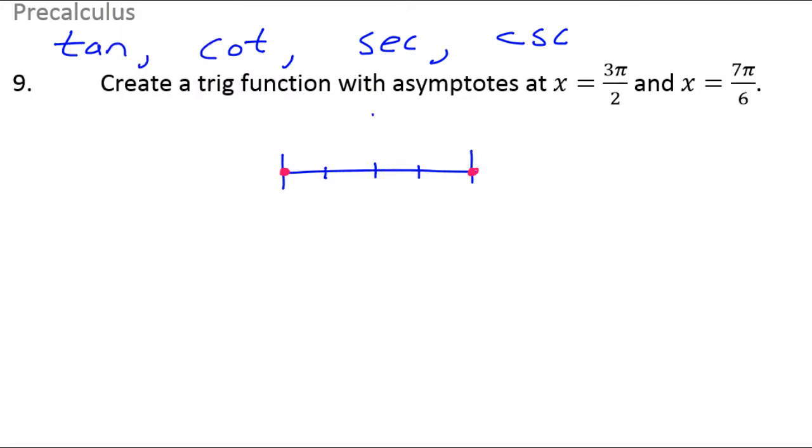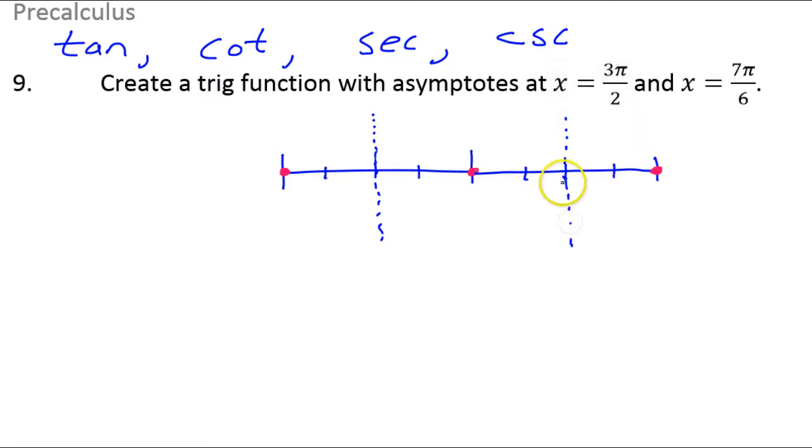So there'd be a vertical asymptote right here. Okay? Now, if we were to continue this pattern, I could extend this for another period. So there would be another point at the end of this period and another vertical asymptote right here in the middle.